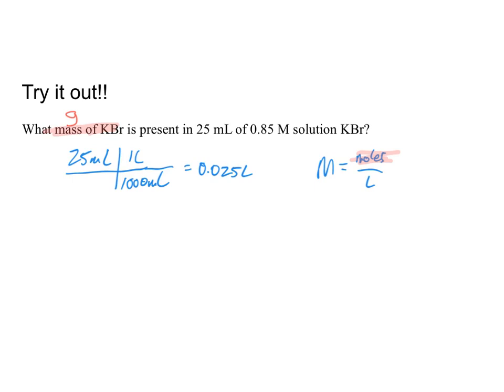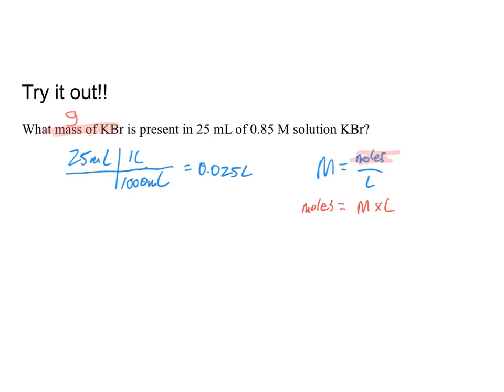Well, in this case, it depends on your math skills. If you're able to rearrange this, you probably notice that we're going to multiply both sides by liters to get the moles all by itself. If your algebra is not as strong, make sure you have these three equations written down. Our moles is equal to our molarity times liters.